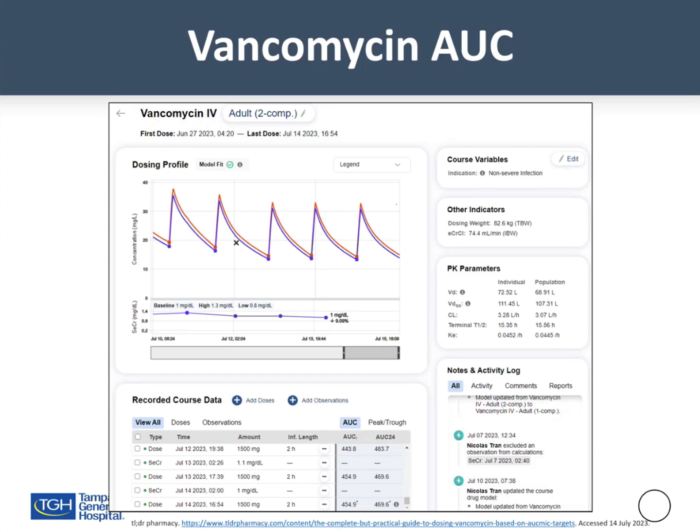The blue is what the patient kinetics are, and then that X there in the middle is where the drug level actually falls. So this is what we look at the bottom. This is where we can see serum concentration, serum creatinine, as well as our doses being given. And then we do see what the recommendations and the calculations are here for the AUC 24.